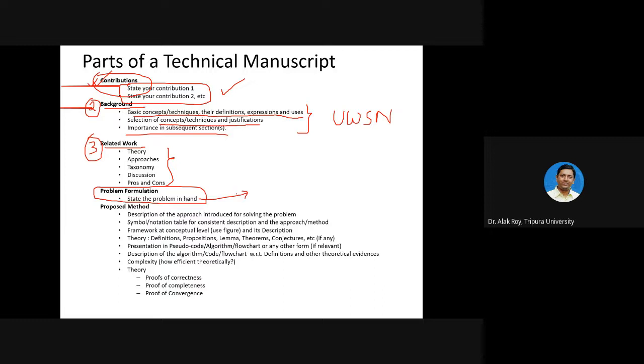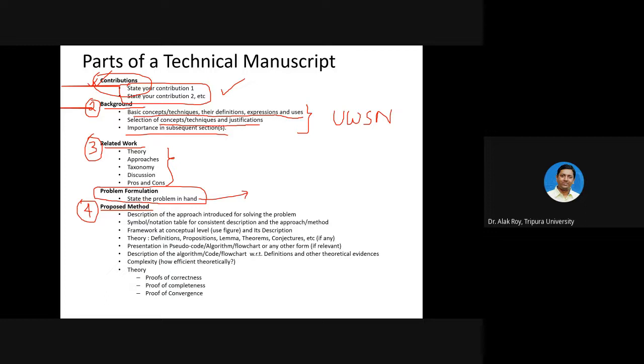If it is too important and to explain the problem you need maybe 1 page of write up, then use a separate section. For 1 line of statement, don't use a separate section. So you can merge it with section 4, that is proposed method.